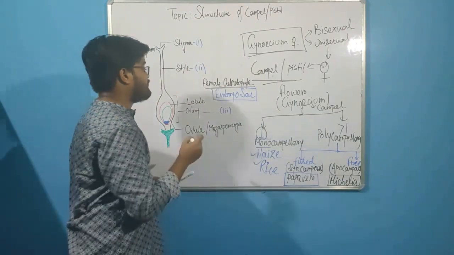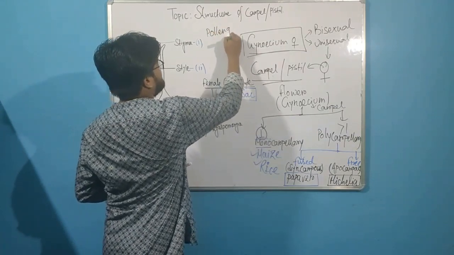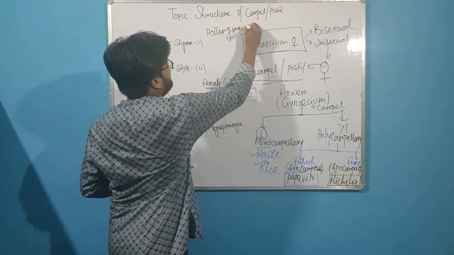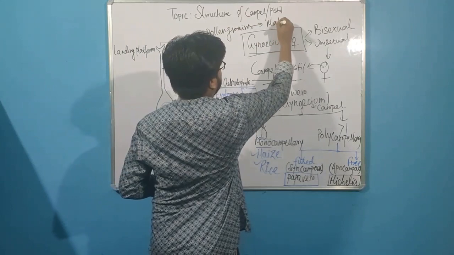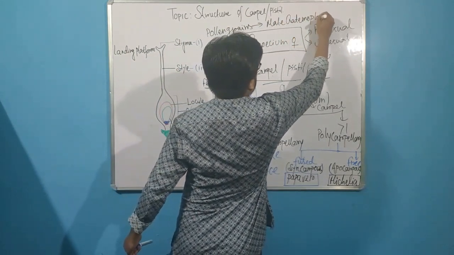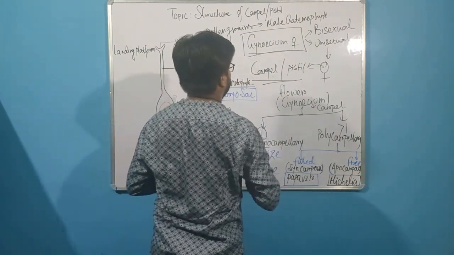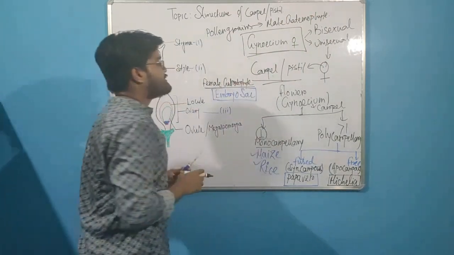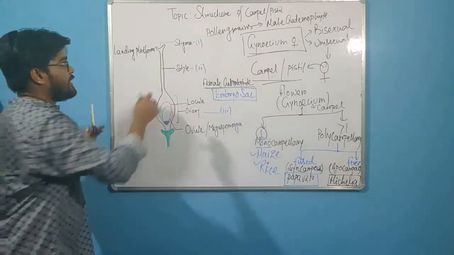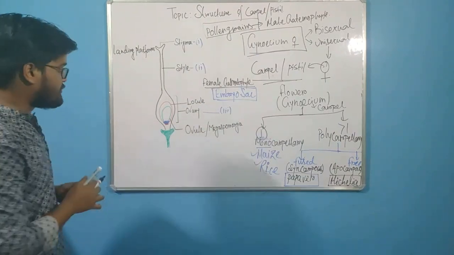Yes, the male gametophyte is the pollen grain, and the embryo sac is the female gametophyte.